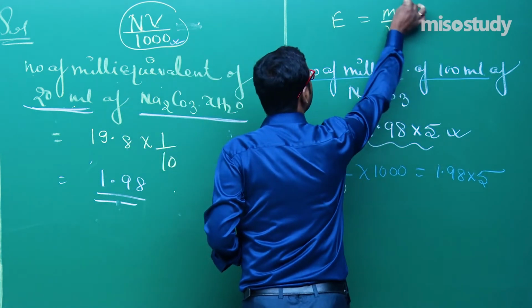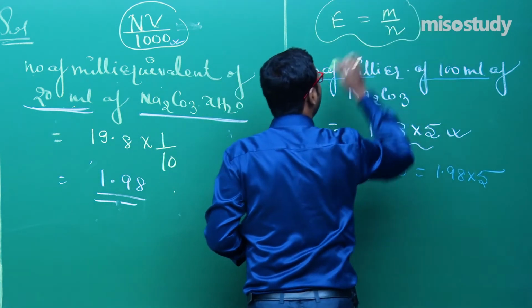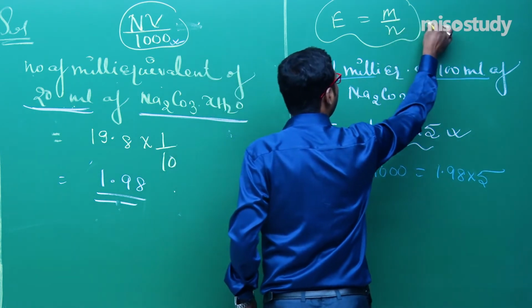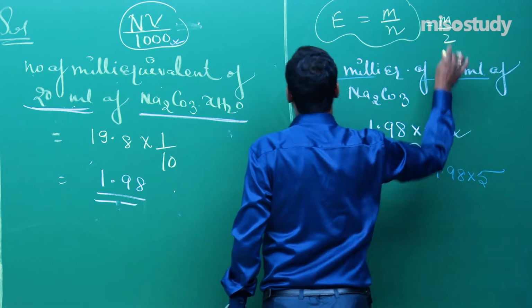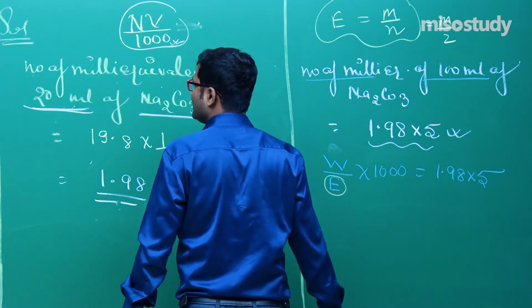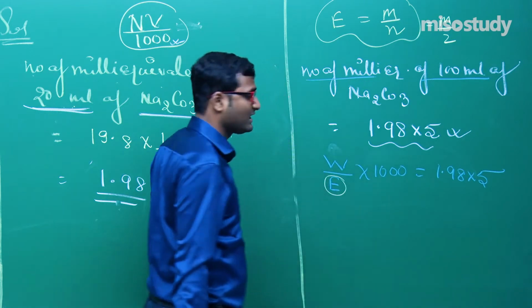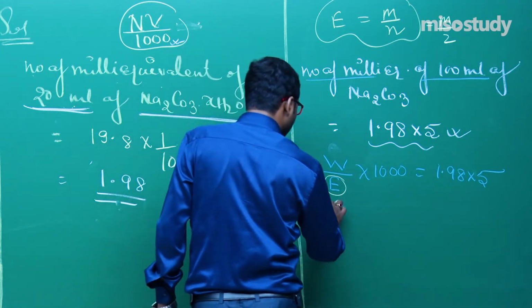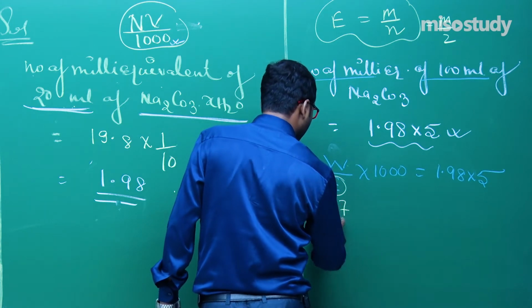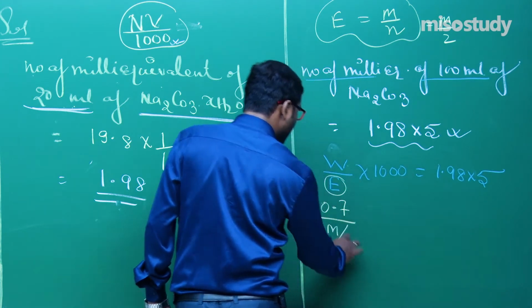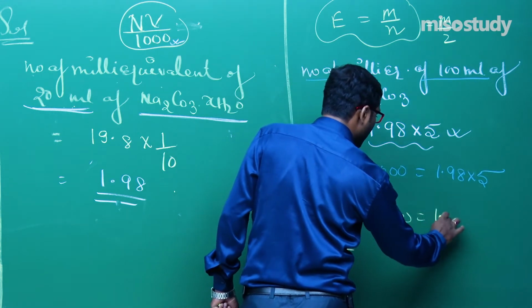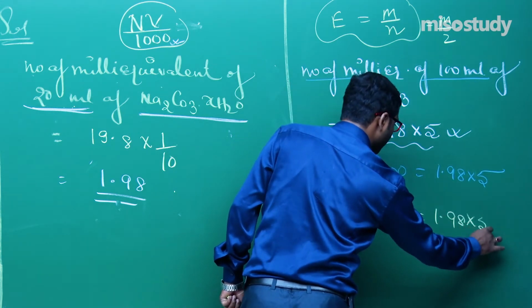So E is equal to m upon n, and here n is equal to 2, so put m by 2, because 2 Na plus gives a total positive charge of 2, and CO3 2 minus has a total negative charge of 2. So put W, which is 0.7, upon m upon 2, multiplied by 1000, equal to 1.98 multiplied by 5.